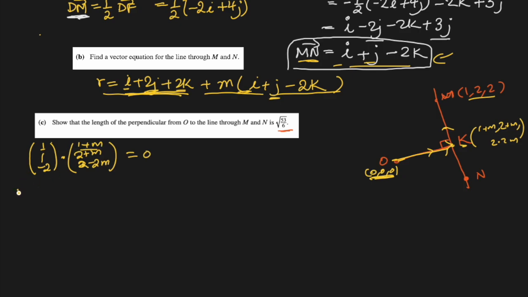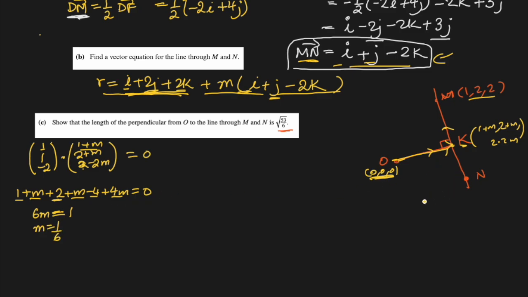So 1 times 1 plus m is 1 plus m. 1 times 2 plus m is 2 plus m. Minus 2 times this will be minus 4 plus 4m. This is equal to 0. So m plus m plus 4m, 6m, plus 1 plus 2 is 3, 3 minus 4 is negative 1. But if I put it on the right side, it becomes 1. So m is 1 over 6.